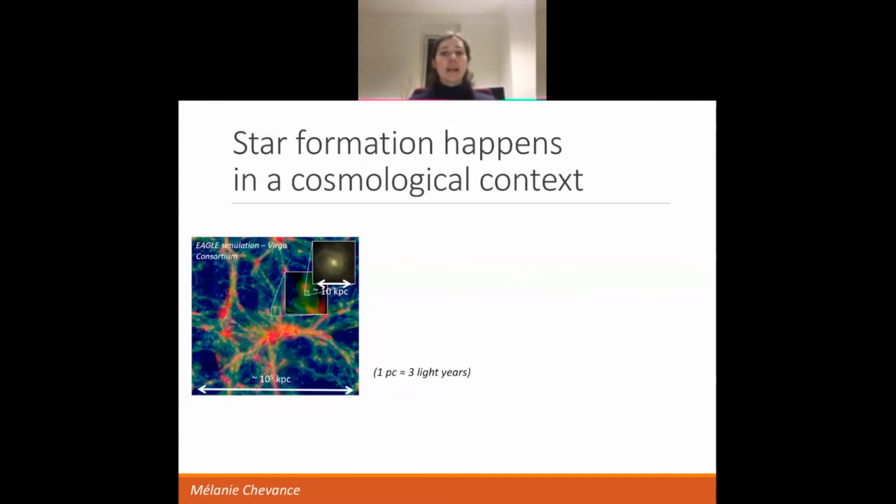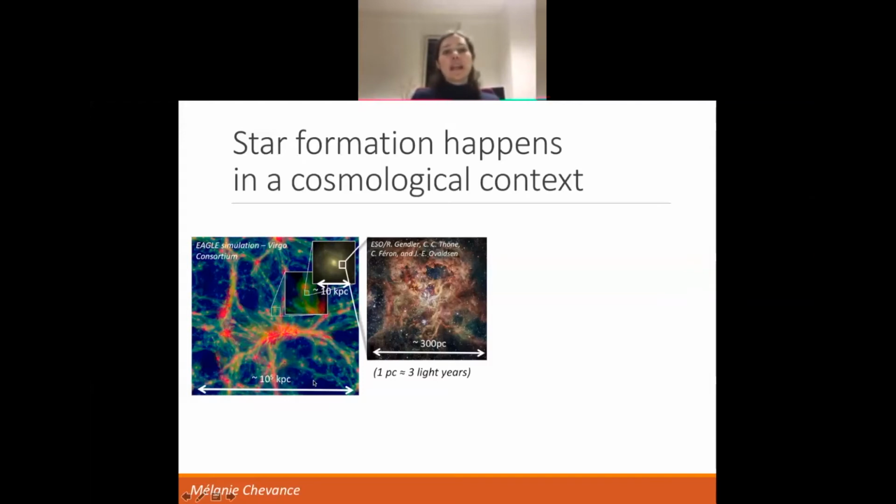Well, the reason is that all scales in the universe are connected. Galaxies form from accreting gas over large scales, several tens of kiloparsecs. And within these galaxies, you need to zoom out many orders of magnitude to find one star-forming region, whose conditions are set by the dynamics and the morphology of the galaxies.